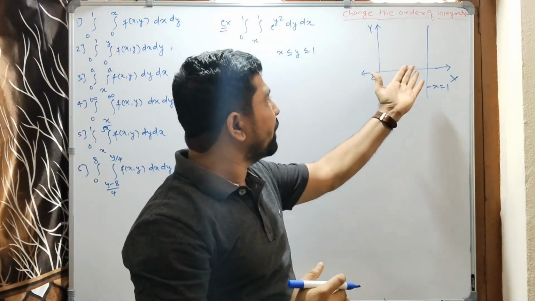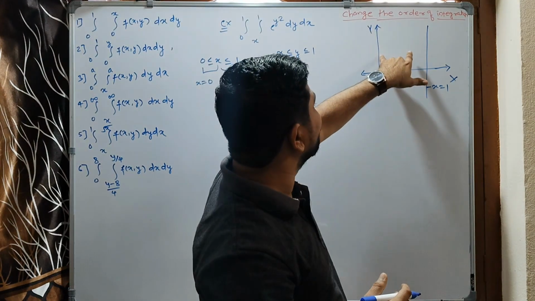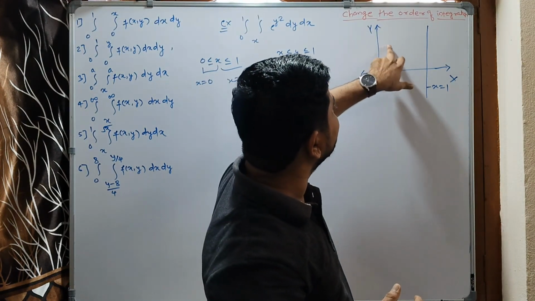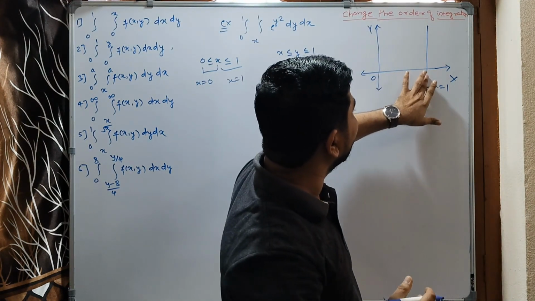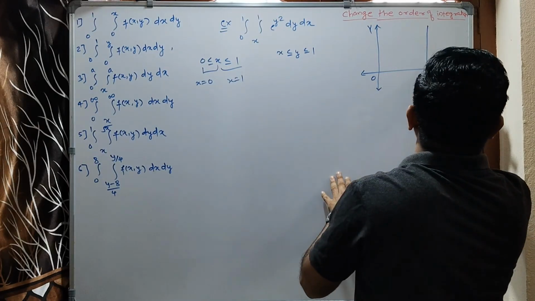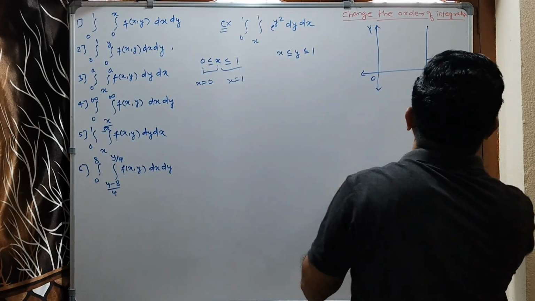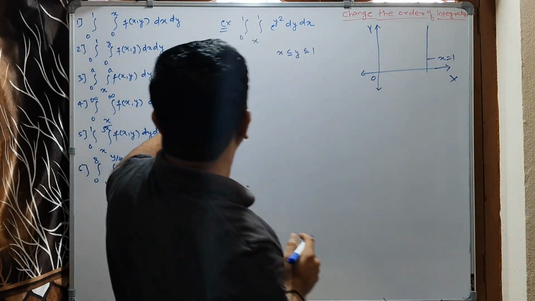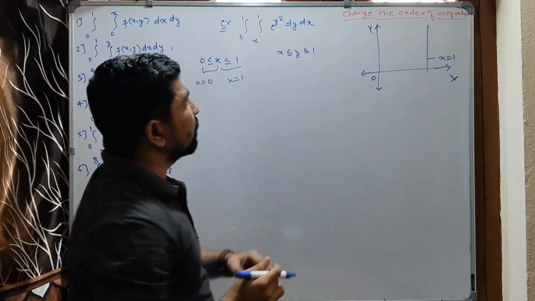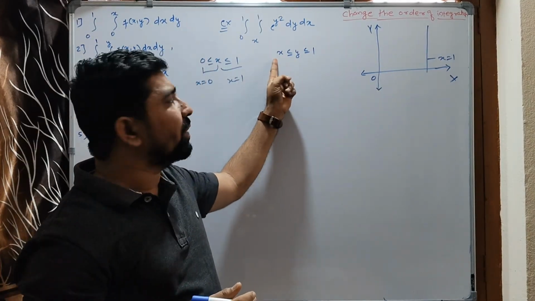Let's say this is my line x equal to 1. Now the value of x satisfies all the conditions, 0 is less than or equal to x, which is less than or equal to 1. Now come to this interval, y belongs to the closed interval x to 1.